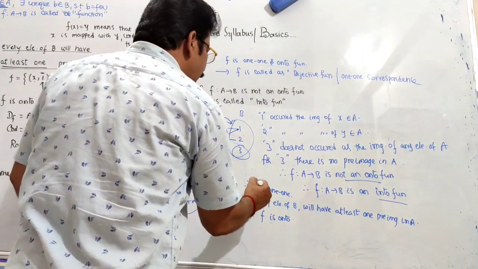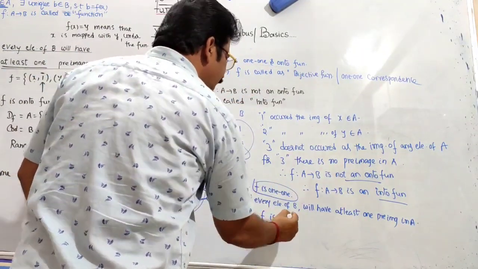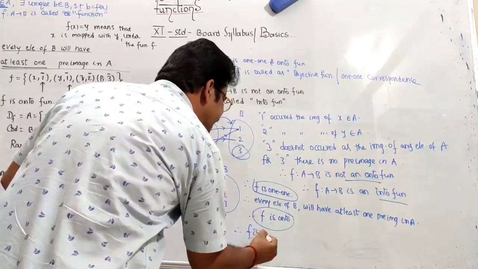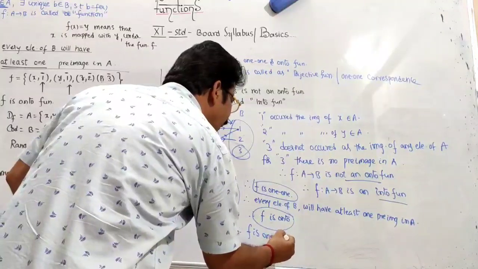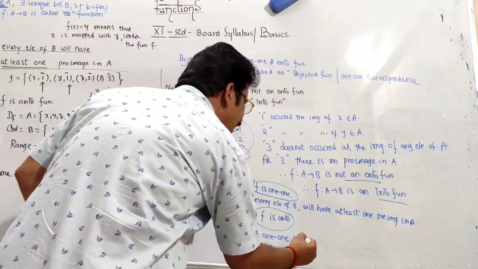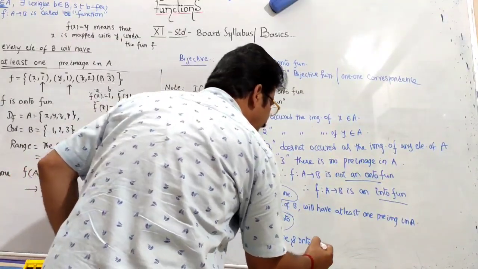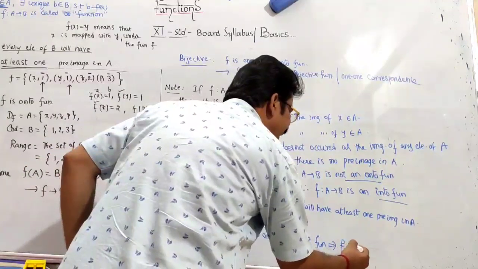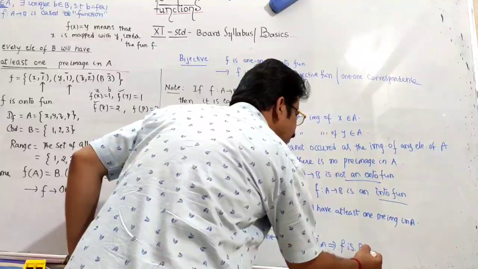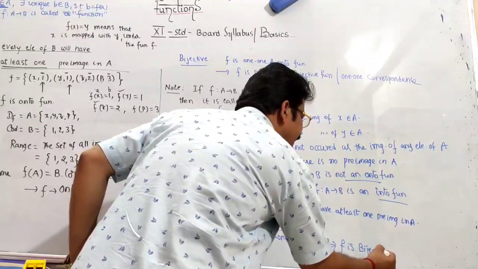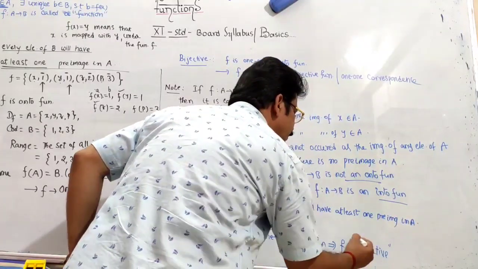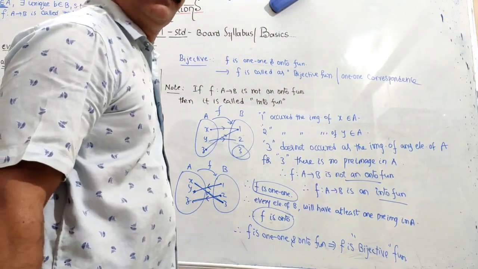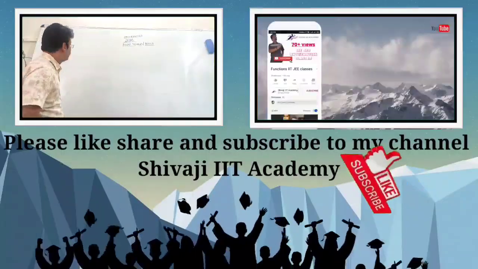So f is one-one function and f is onto function. Therefore f is one-one and onto function. Therefore it follows that f is bijective function.